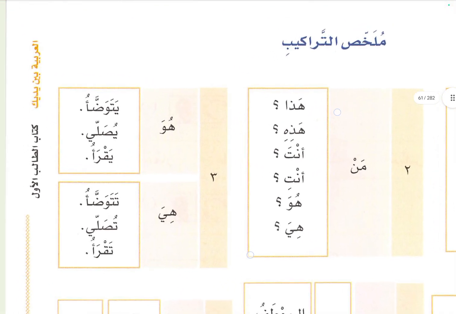We have here huwa yatawadda'u, huwa yusalli, huwa yaqra'u. And then for female, hiya tatawadda'u, hiya tusalli, hiya taqra'u. That's the thing. You see it?